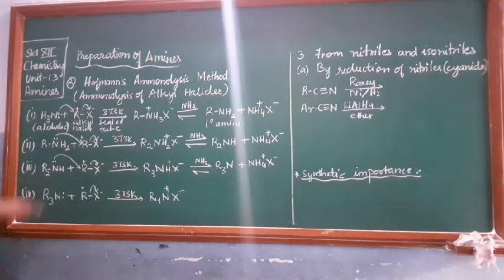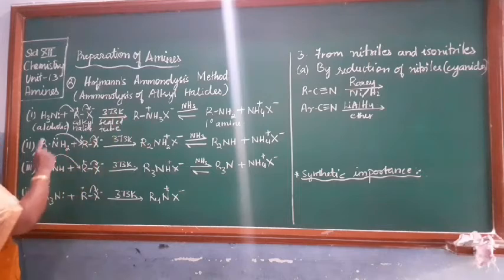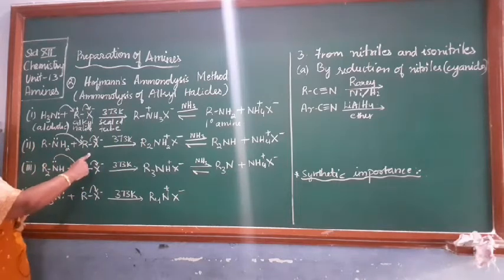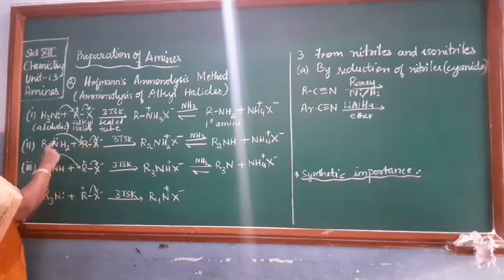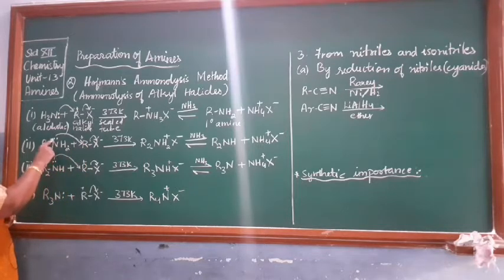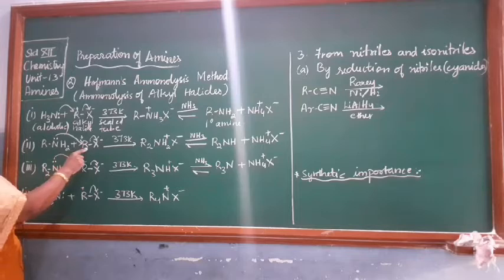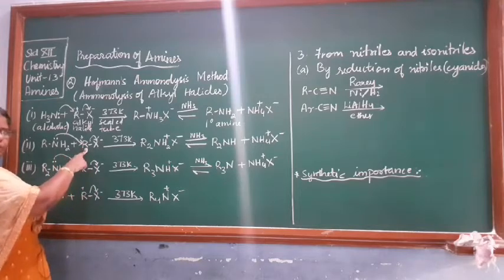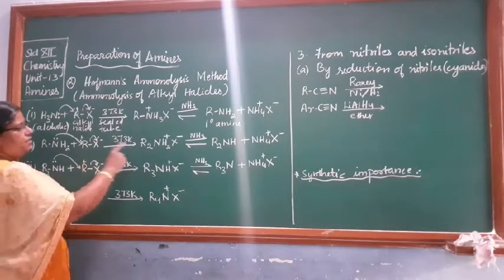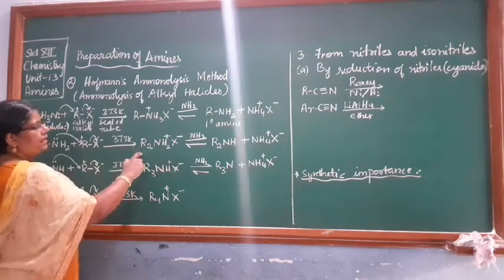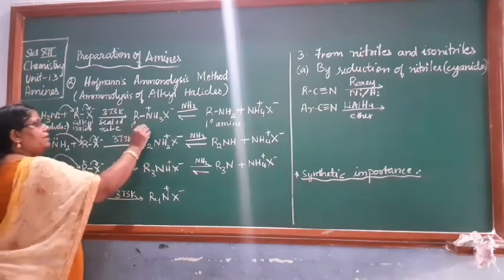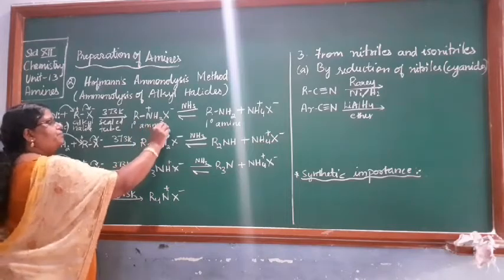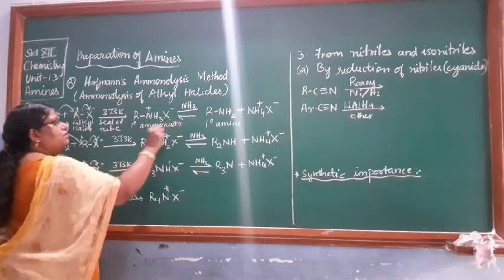Now, in the reaction mixture, this primary amine will again undergo reaction with alkyl halide, and in the same way, ये जो नाइट्रोजन के ऊपर जो नॉन बॉन्डिंग पेयर ऑफ इलेक्ट्रॉन है, that will go with R and X, forming this secondary ammonium salt. This is your primary ammonium salt.